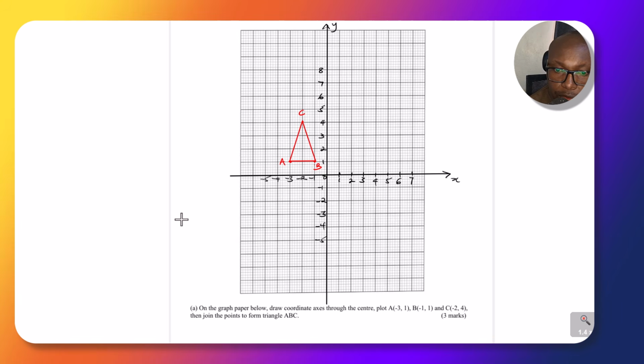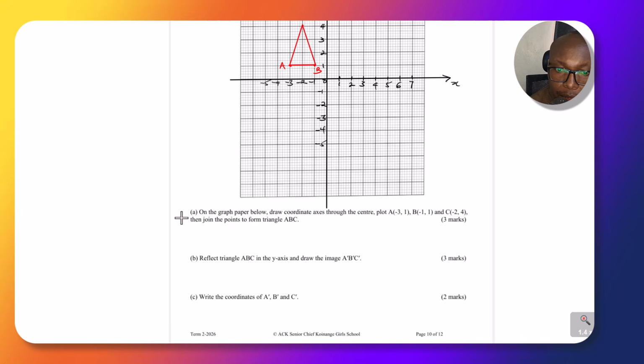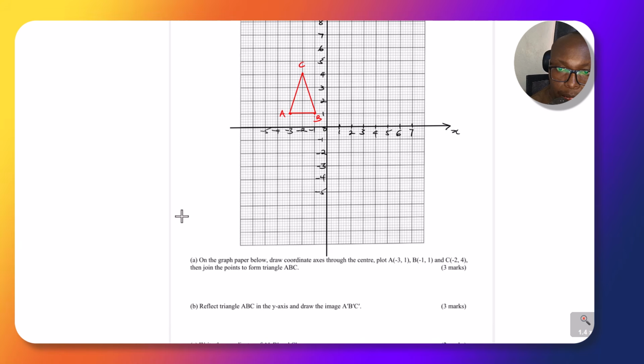So once you've done that, part B: reflect triangle ABC in the y-axis and draw the image A prime, B prime, C prime. Reflect that.